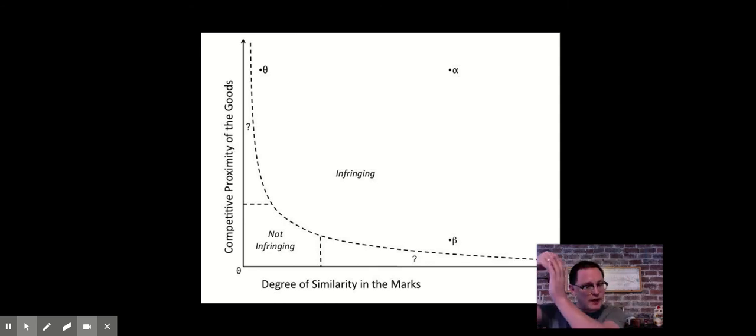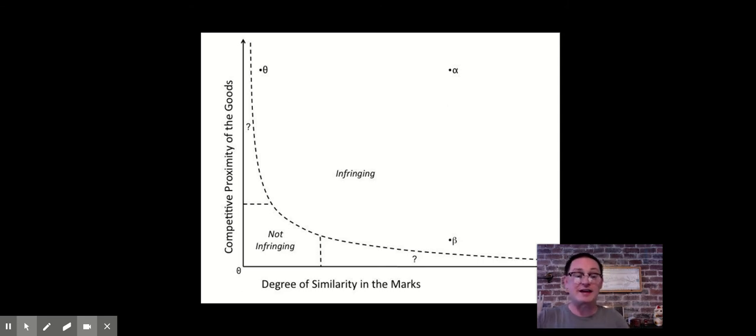And the farther you get on one end or the other, in other words, the more different the markets or the more different the marks, the less likely a finding of infringement. The more similar the marks, or the closer together the product categories, the more likely courts are going to find infringement under the circumstances.